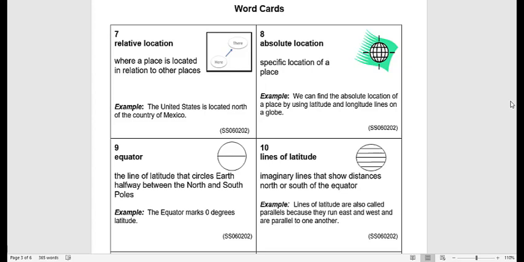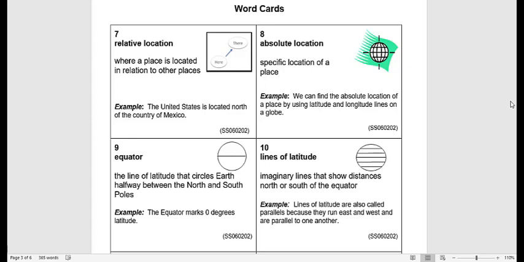Exact opposite of that is word card number 8, absolute location. This is the specific location of a place or exact location of a place. Example, we can find the absolute location of a place by using latitude and longitude lines on the globe. So latitude and longitude lines on the globe help us determine our absolute location.